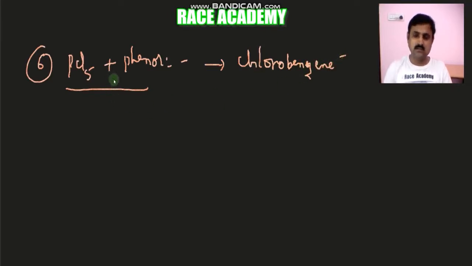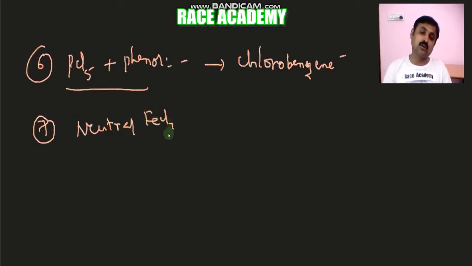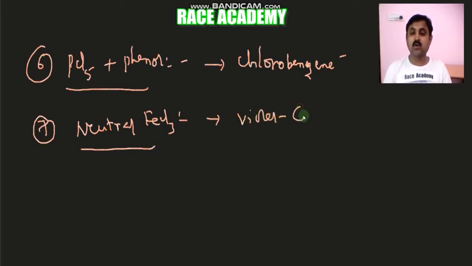This you can practice. Another one is the phenol reaction with neutral ferric chloride, which is also an important one. It gives a violet color complex with neutral ferric chloride. This is the test for phenol, which we also discussed in the previous objective session. So these are the other reactions.